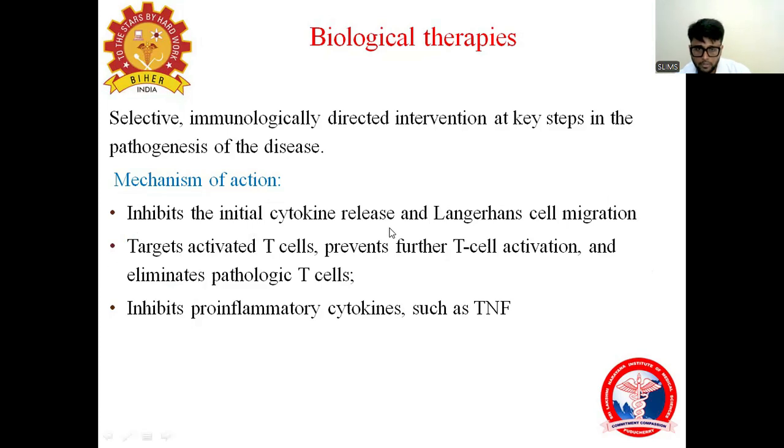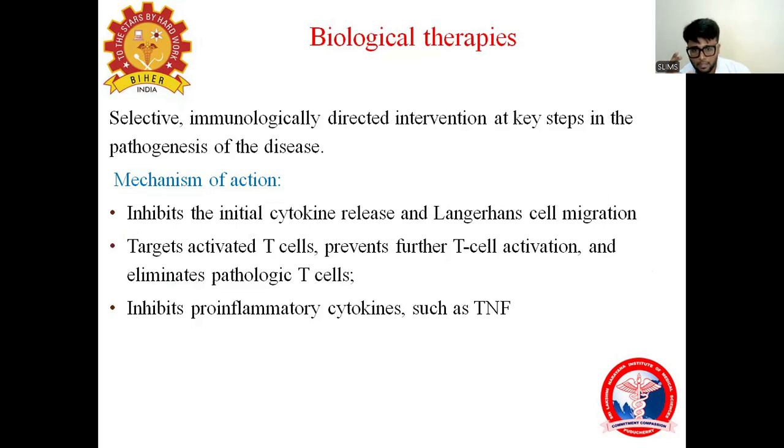And biologicals. This is selective immunologically directed intervention of the T cells in the pathogenesis of disease. What is the mechanism of action? It is a targeted therapy that inhibits cytokine release and Langerhans cell migration.